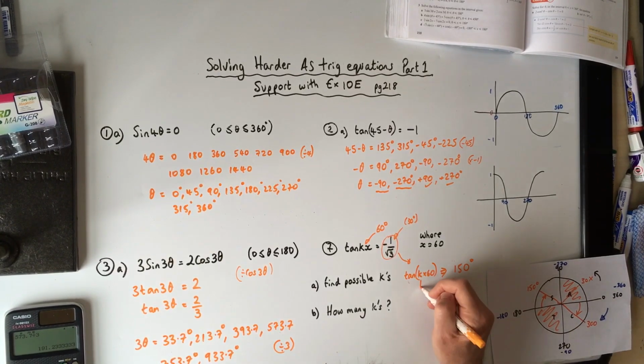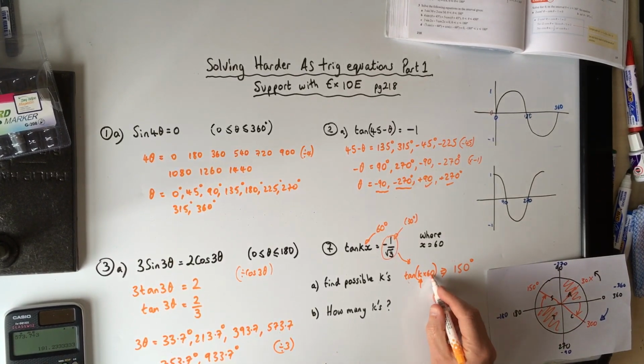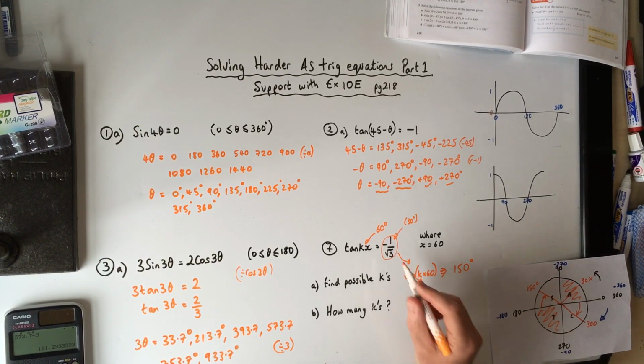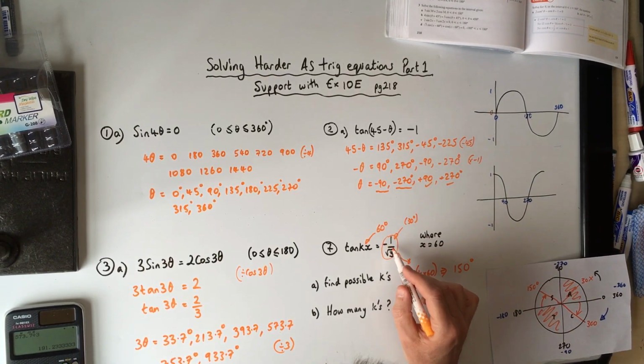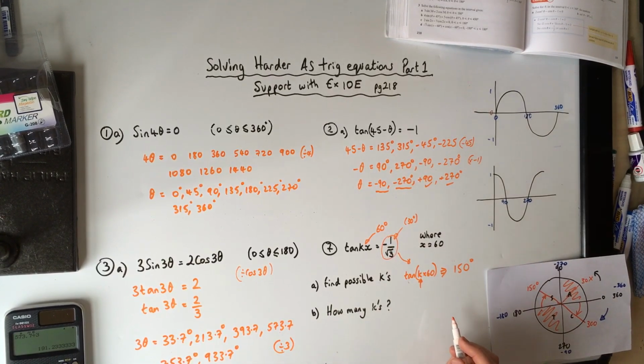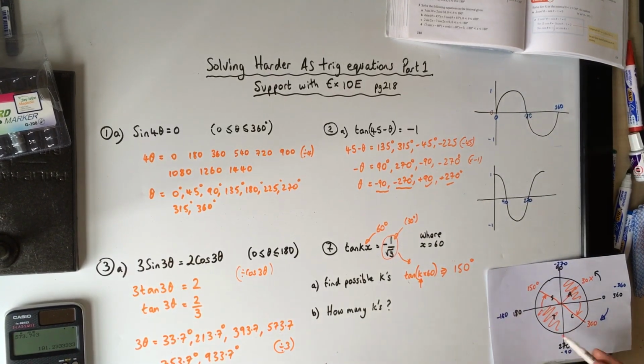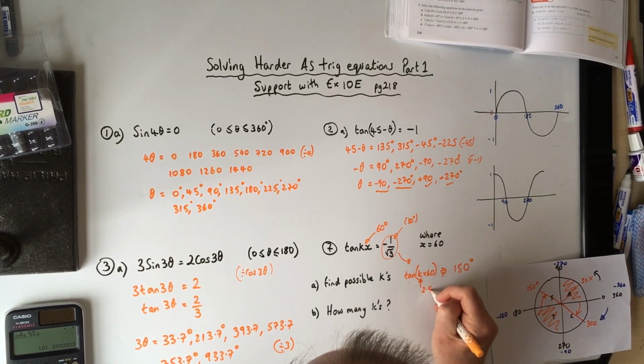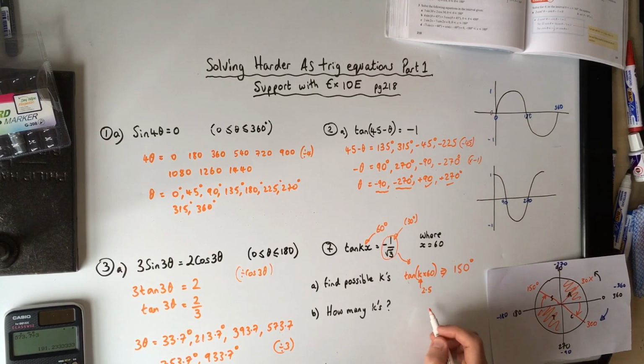So this k here must be, what do we times 60 by to give us an angle of 150 that would give us a tan ratio of minus 1 over root 3, which is actually the value for 30 degrees in this quadrant. So k has to be 2.5. You do 150 divided by 60, you get 2.5.